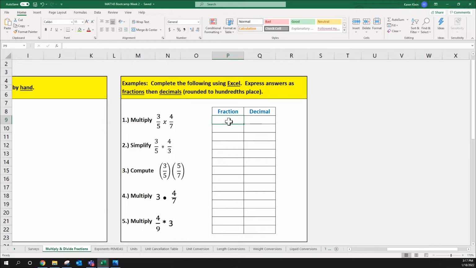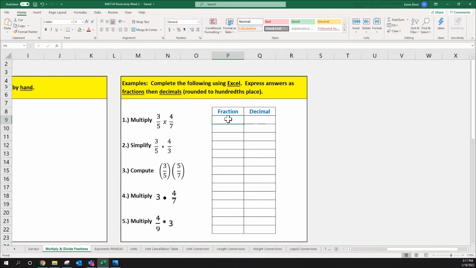So if we were going to write this answer as a fraction, just a little summary, in case you don't know, these cells that we have in Excel, and I have formatted this just for learning here, you can format these to look however you want.